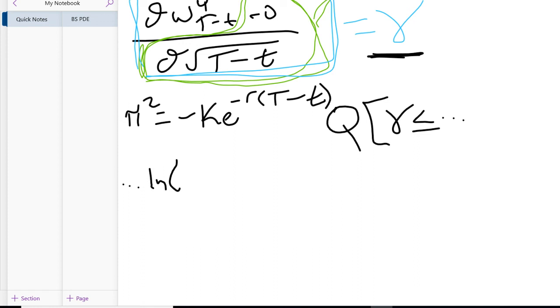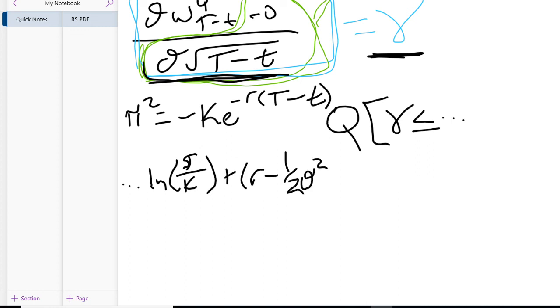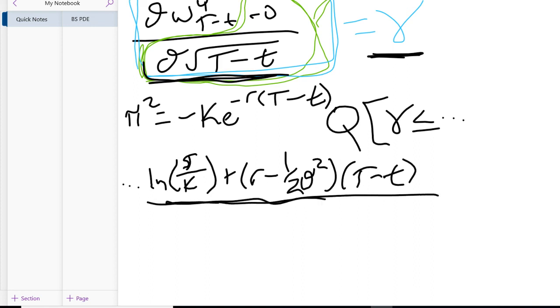Remember I divided by this and then had to negate everything to flip the sign.